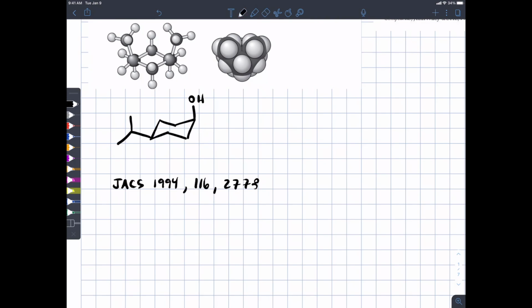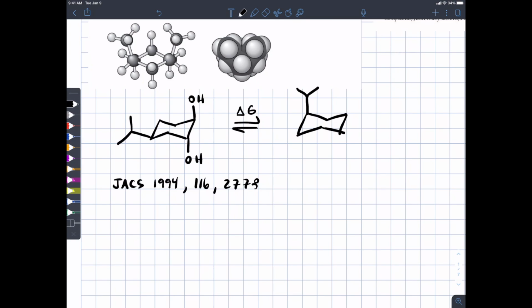The two groups are trans, the two OHs are trans, and he measured the equilibrium constant, or the change in free energy, as you go from a conformation where the isopropyl is equatorial to where it is axial.